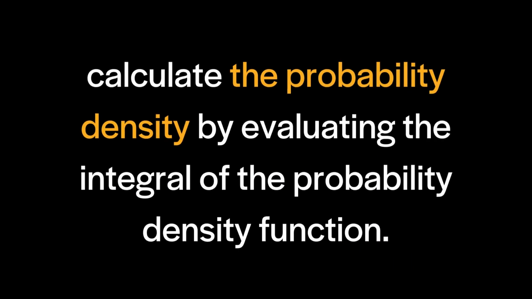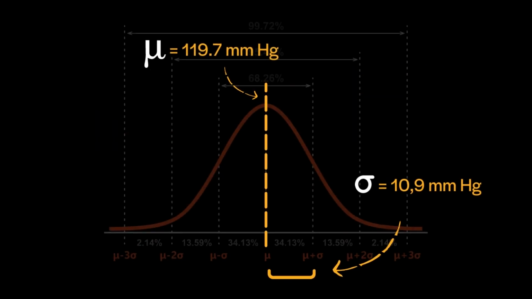Let's do one practice question of a bell curve. We can calculate the probability by evaluating the integral of the probability density function. For example, we have the bell curve demonstrating the blood pressure of healthy individuals between 14 and 70 years old. The mean and the standard deviation of this distribution are given on the graph.